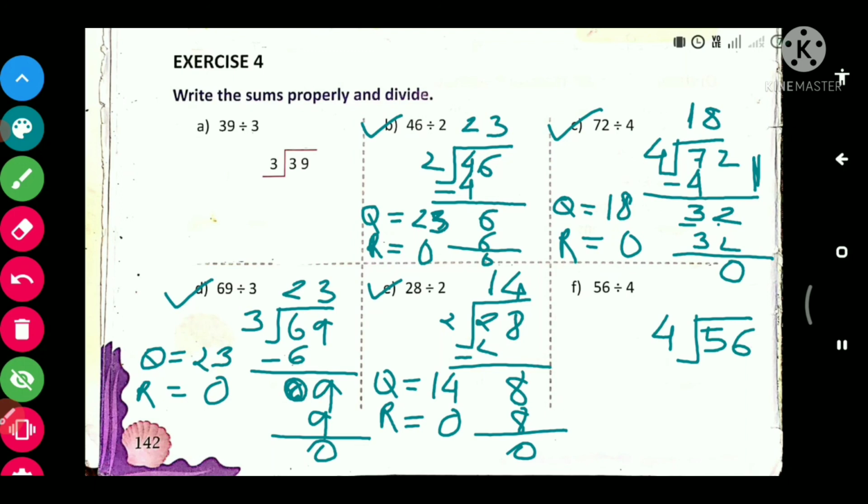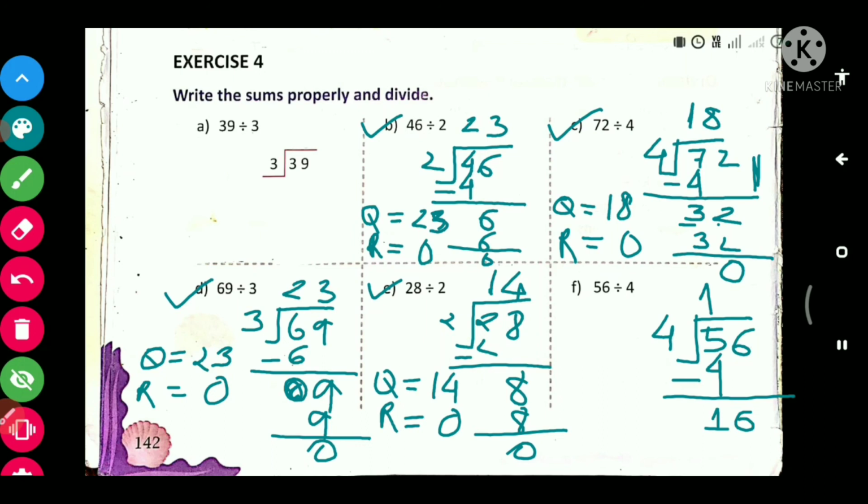Now we'll see the multiplication table of 4, if 5 is there or not. Let's see. So 4 1s are 4, 4 2s are 8. Now 5 is not there, so we'll take the number that is slightly smaller than 5, which is 4. So we'll write 4 1s are 4. Now we'll do subtraction. 5 minus 4, it will be 1 and this 6 will come down.